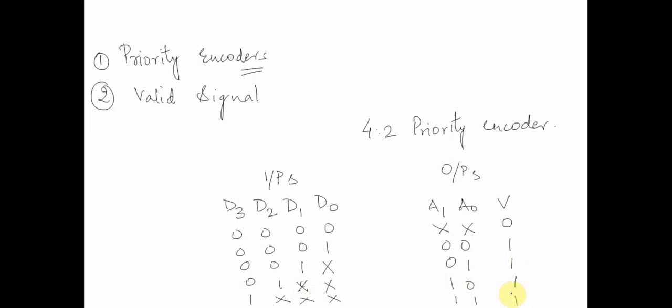Right? And now if we create a K-map out of this, let's assume we create a K-map for one of the outputs, A1. The K-map for A1 would be something similar to this.